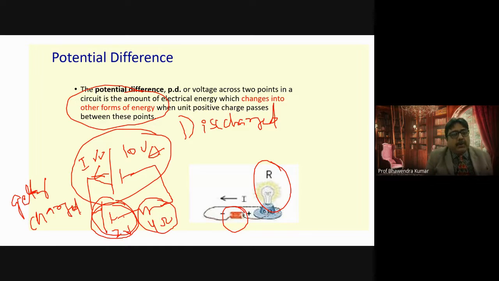So when I talk about the potential difference across this cell of 2 volt, I will call it potential difference, not the EMF. When I talk about the energy converted per unit charge for the 4 ohm resistor, I will call it potential difference, not the EMF. Is it clear? Understood? So if there are 2 cells of the same EMF, like 2 volt and 2 volt, nothing will happen. There won't be any current in the circuit.